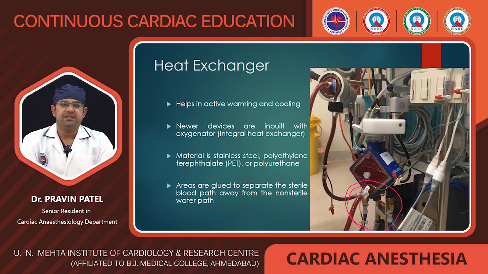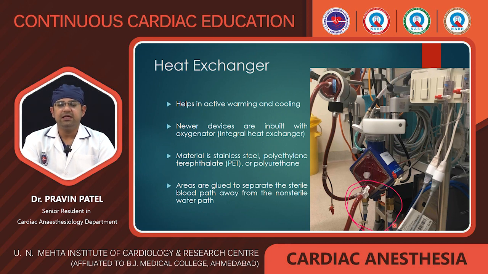Now comes the heat exchanger. The heat exchanger basically helps in active warming and cooling. Newer devices are inbuilt with the oxygenator, like what we use nowadays, where the oxygenator is an integral part of the heat exchanger. The material is made up of stainless steel, polyethylene terephthalate or polyurethane.